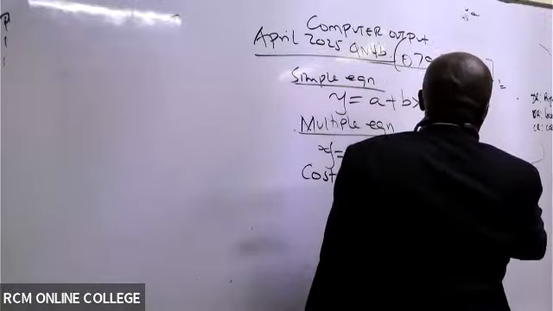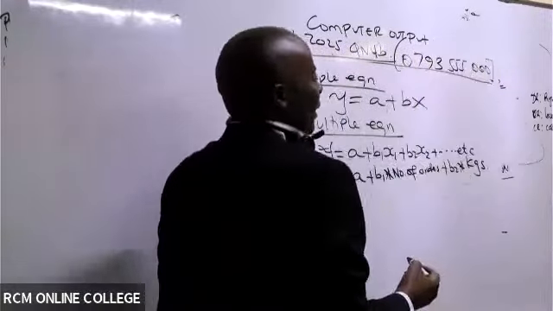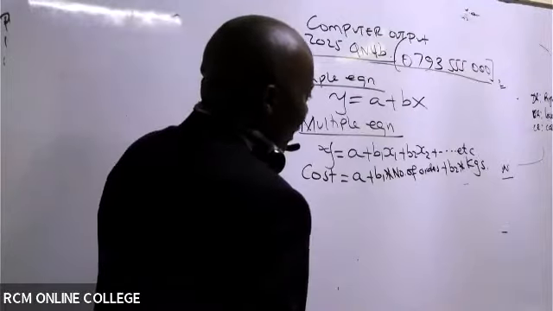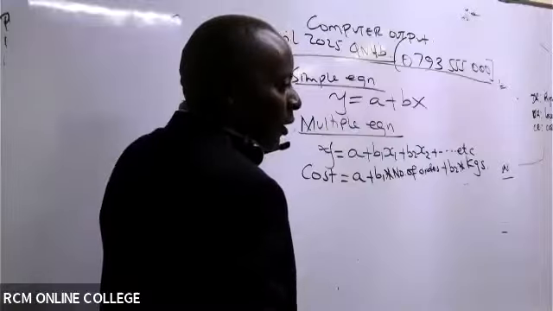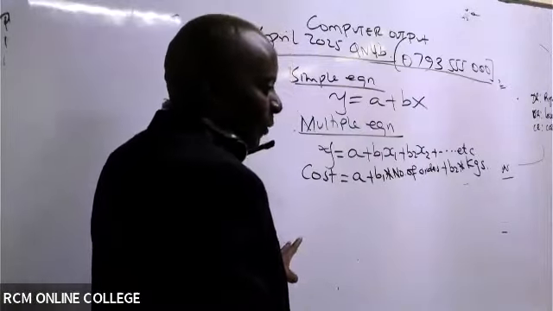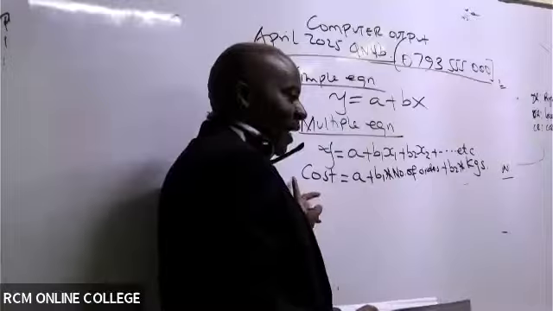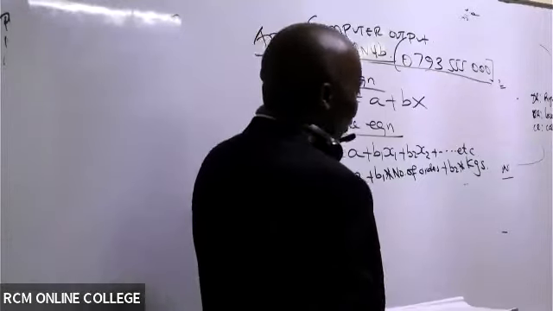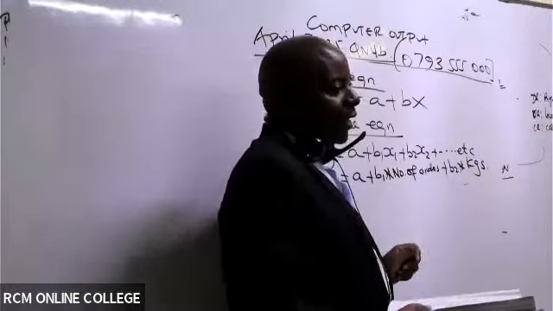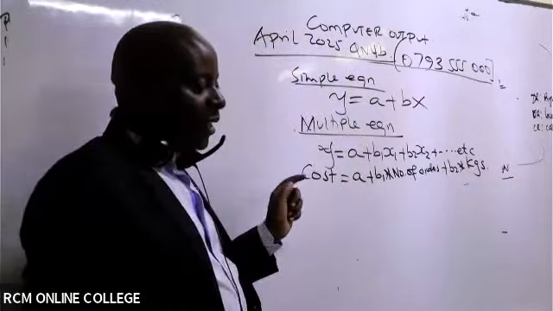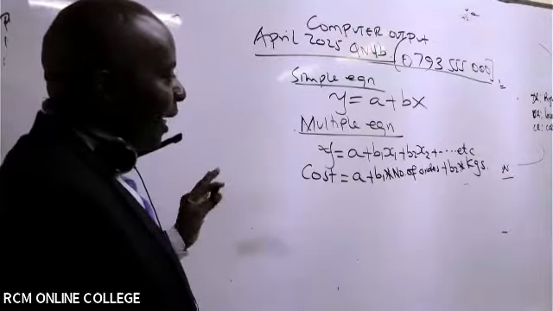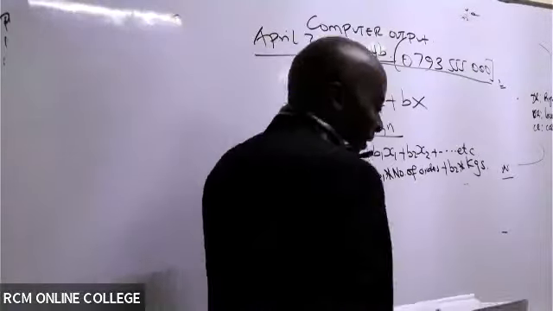I can even just write it in brief like that, times kilograms. So now I'm able to see evidently that I've got two predictor variables. Remember, cost is the dependent variable. So I've got two independent variables. We also call them predictor variables. So I just want you to understand the whole scenario.